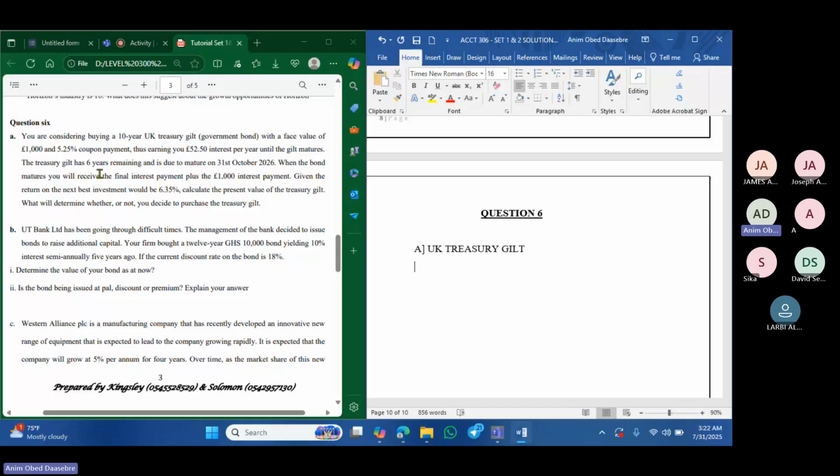After you have read and analyzed the question, you pick out the information, because that information will help you know how to tackle the question. But first of all, you need to understand the question and its dynamics.